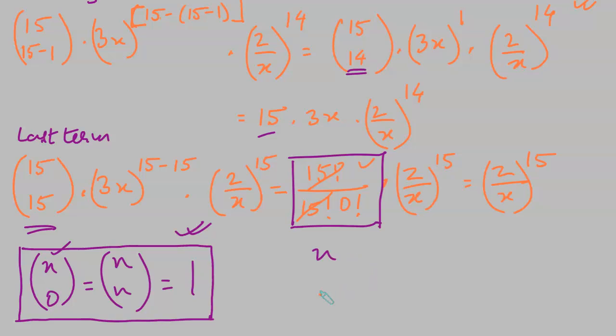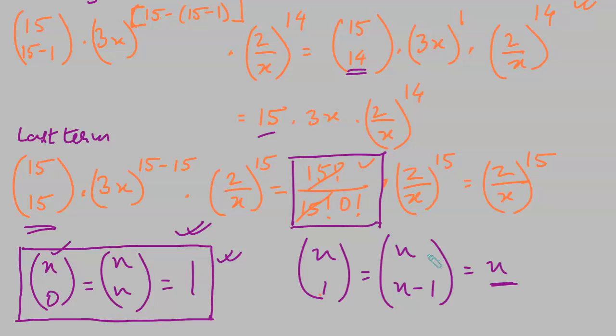So the other property that I may give you is NC1 is equal to NCn minus 1 equal to n. NC0 equal to NCn equal to 1. Hence, the first term's coefficient and the last term's coefficient will always be equal to 1. And NC1 equal to NCn minus 1 equal to n. Therefore, the second term's coefficient and the second last term's coefficient will always be equal to n.